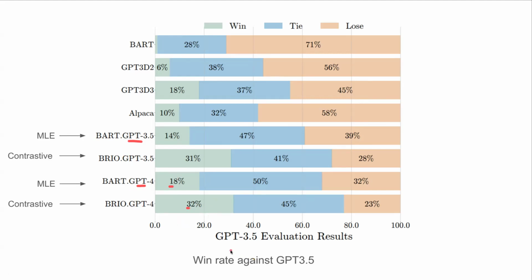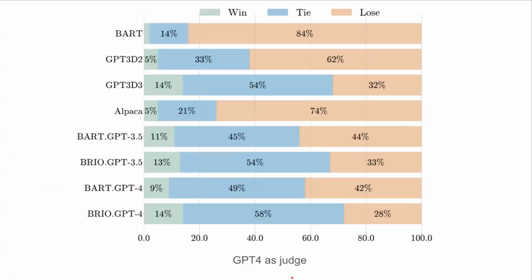So we thought maybe there is an issue with the evaluation, because this uses GPT 3.5 as evaluator. So when we switched the evaluator to GPT-4, which is a stronger model, we no longer see that type of improvement over GPT 3.5. It still improves quite significantly compared with the original BART model that you see on top, but there's still a gap with GPT 3.5.